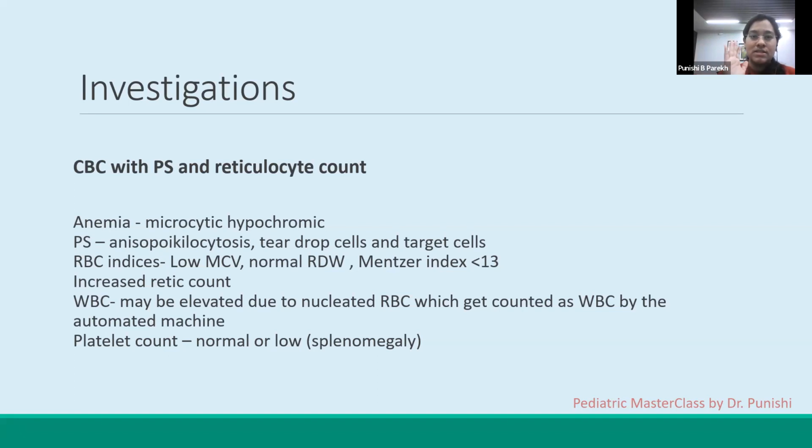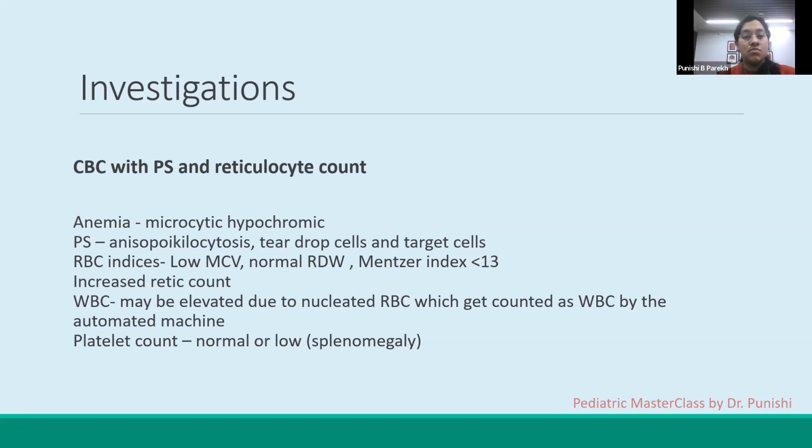If you have ever seen a CBC report of a THAL patient, you might have a very high WBC of, say, 50,000. But along with that, just below that, many times they write NRBCs, which are your nucleated RBCs. So say nucleated RBCs are 35,000. So your actual total WBC count is 50 minus 35, which is 15,000, which is normal, right?